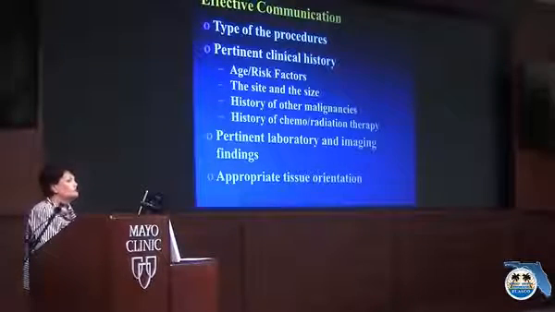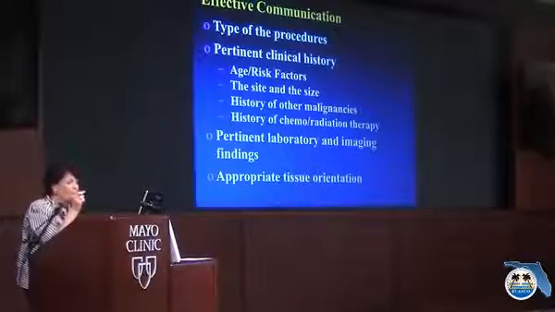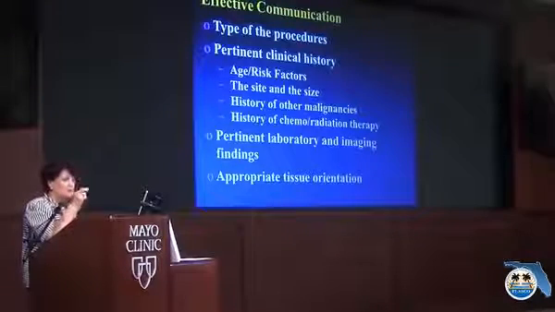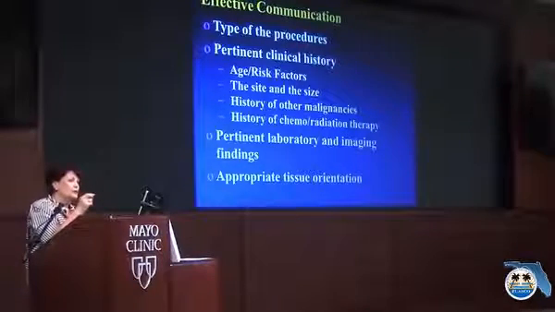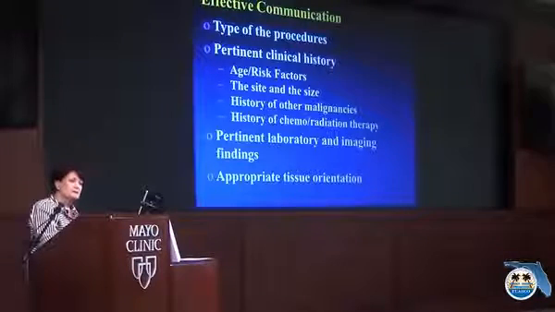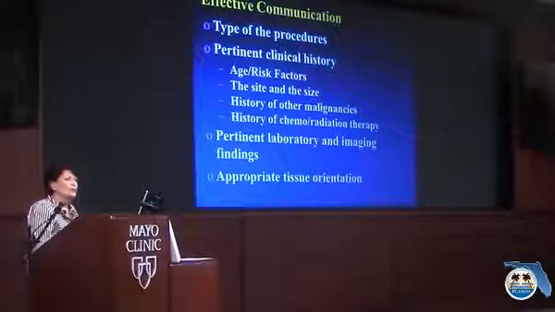The second component, which I teach our fellows and residents, is for the pathologist to write a very small paragraph on what this tumor is and what kind of therapy is recommended or available, and put references, so that when the clinician sees the report, they can go online, look at the references, and become knowledgeable about the entire concept of pathology of that specific case, because you cannot expect everybody to know everything.